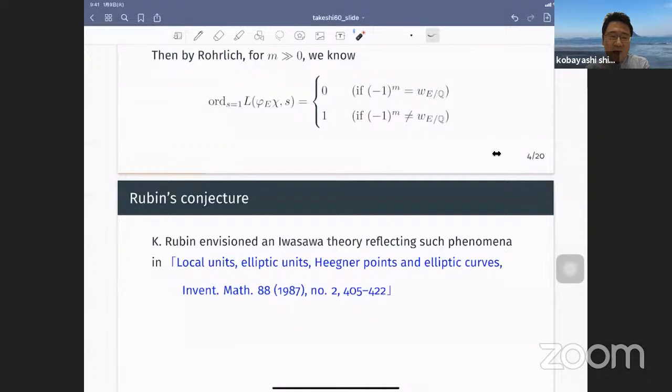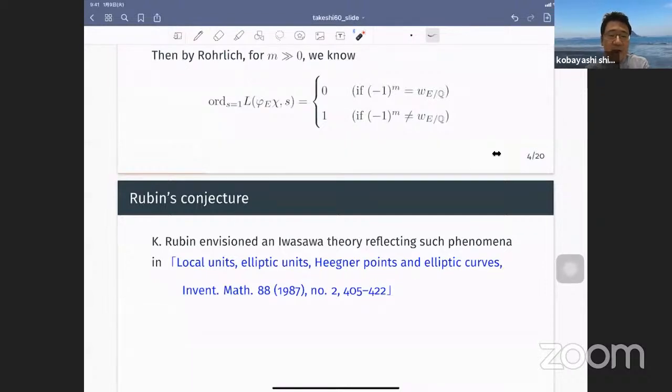And Rubin gave partial evidence for his conjecture in this paper by using global objects, elliptic units and Heegner points. His conjecture is actually local, a kind of Pontryagin duality theory, but he used global objects like elliptic units and Heegner points to give evidence.